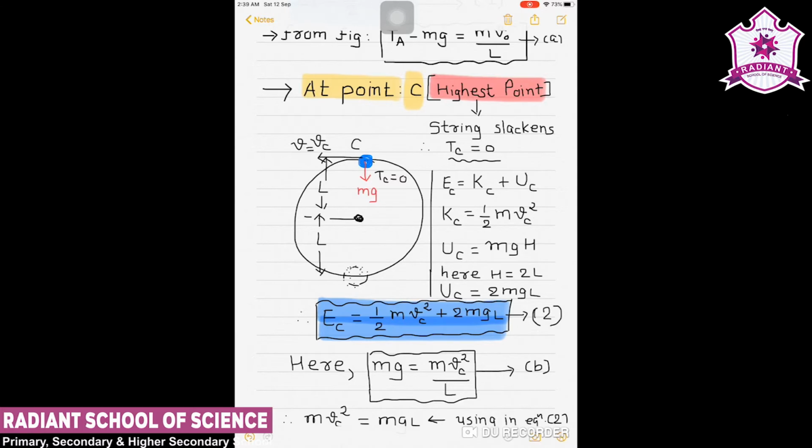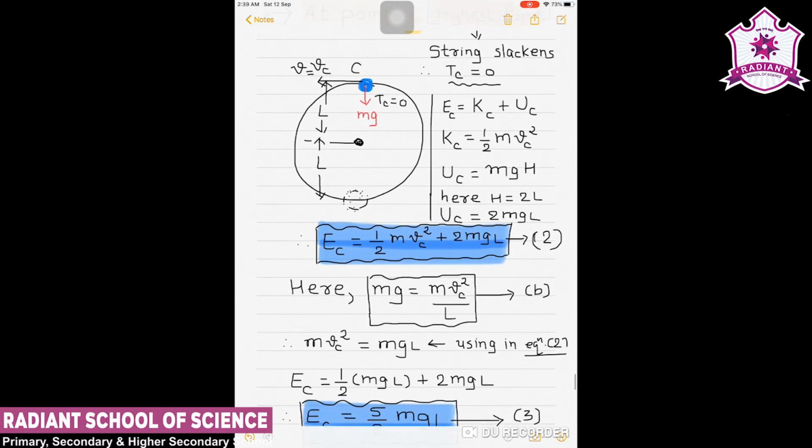Here again the string does not experience any tension, and therefore the downward direction has only one force, the gravitational force, and this gravitational force is responsible for the circular motion, that is the centripetal force. So we can compare: mg equals m vc square over L, or we can say that m vc square equals mgL.